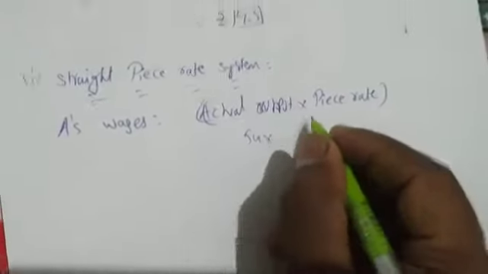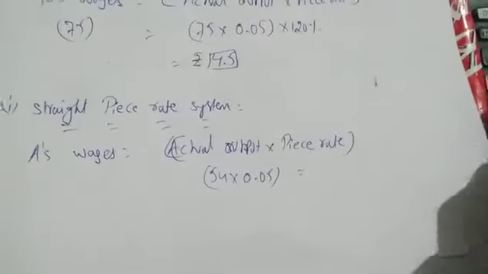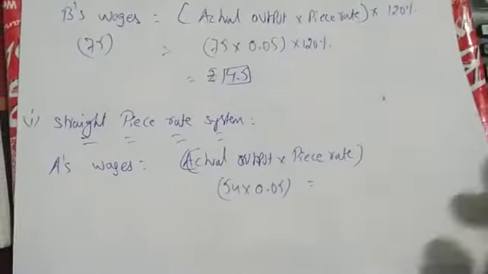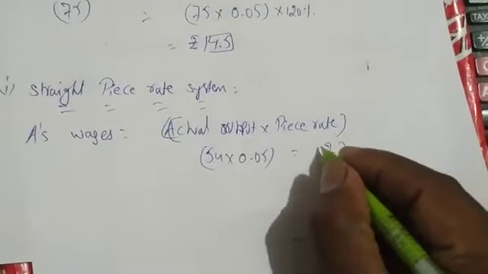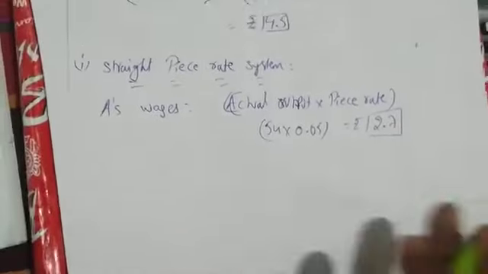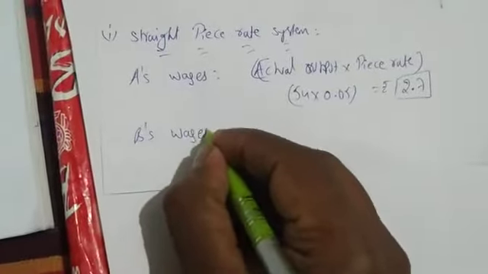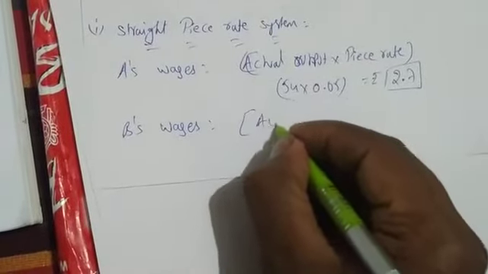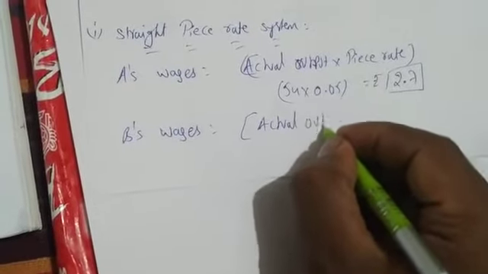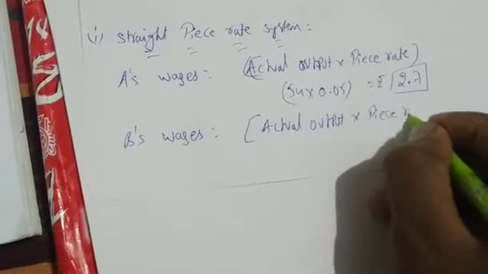So how much actual output? 54 into piece rate, which will remain the same, 0.05. So see how much we are getting. 54 into 0.05, we are getting 2.7. So A will receive 2 rupees 70 paisa. And B's wages: the formula is actual output into piece rate.